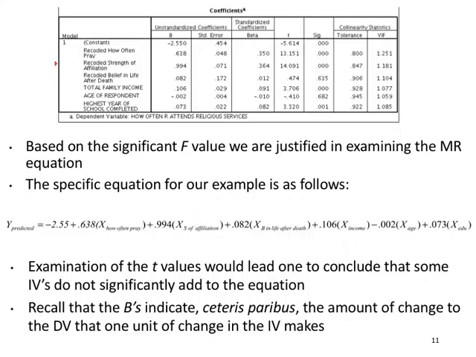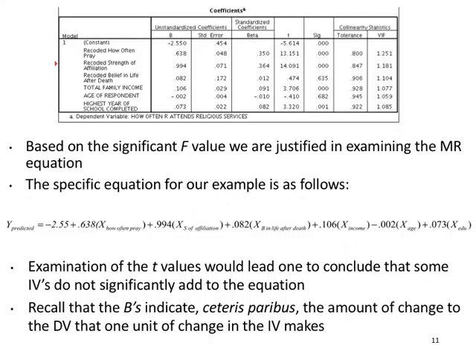Oh, I know. So for every 1 unit change in how often they pray, we would expect the increase in religious service attendance to be 0.638. And if you look at the equation, you should be able to come to that same conclusion, right?